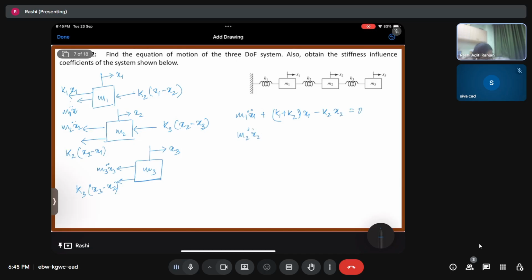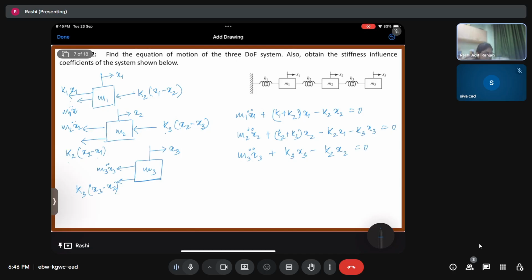Then m2 x2 double dot, then we have k2 into x2 and k3 into x2, so plus (k2 plus k3) x2, minus k2 x1 minus k3 x3 is equal to 0. And then m3 x3 double dot plus k3 x3 minus k3 x2 is equal to 0.